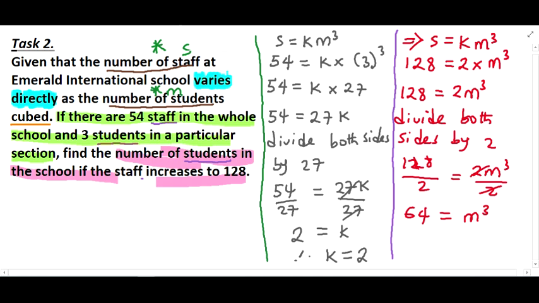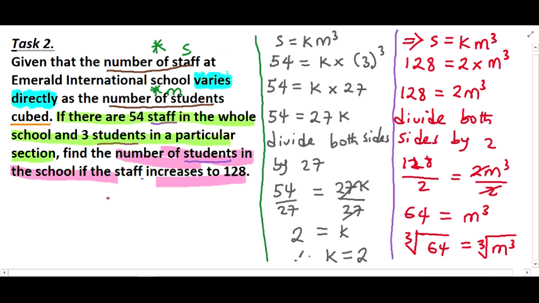Okay, so let's continue. Now, for me to simplify this, I have a cube here, so you have to take the cube root of both sides. If I do that, the cube root of 64 and the cube root of m cubed, and the cube root of 64 is 4.